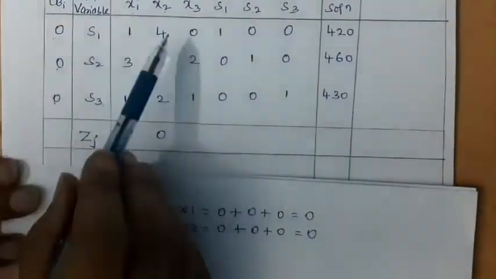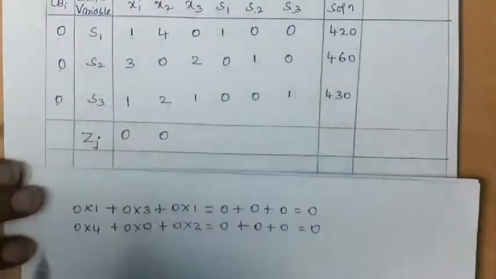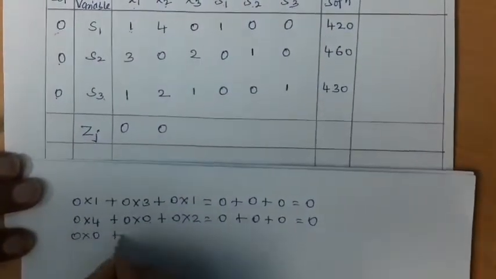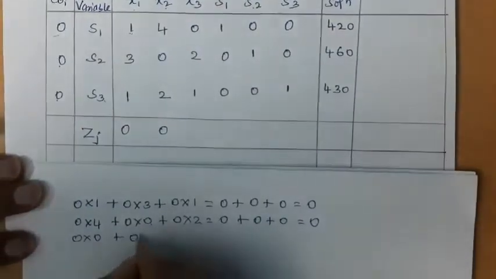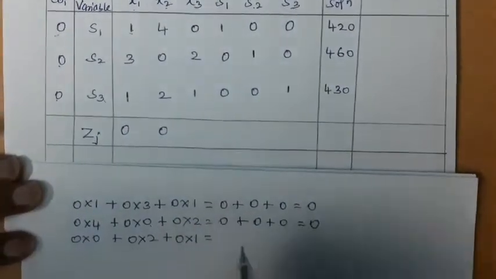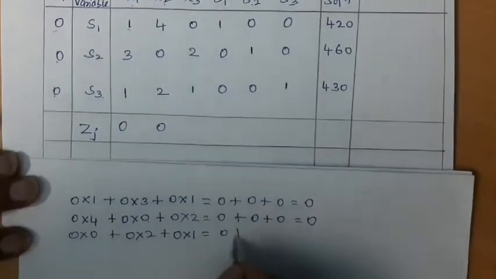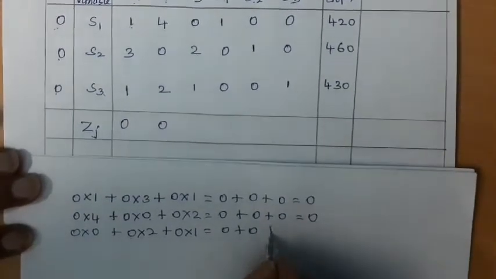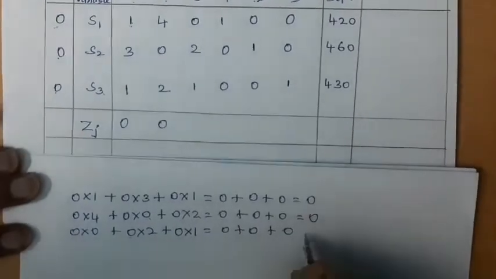So write down here 0. Next is with third column we have to multiply. 0 into 0 plus 0 into 2 plus 0 into 1. So 0 into 0 is 0. 0 into 2 is 0. 0 into 1 is 0. So that is equal to 0.